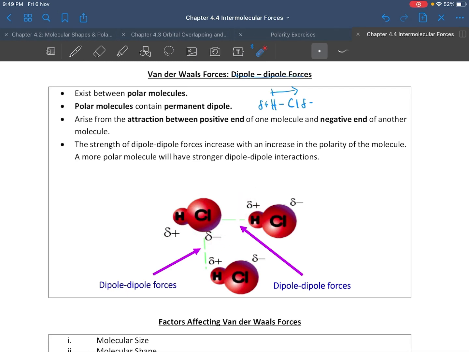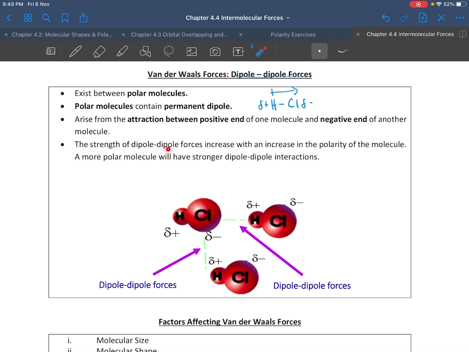H partially positive, Cl partially negative. So, negative and positive here, they will attract each other. So, attraction that occurs here, inilah yang kita panggil dipole-dipole forces. Okay, so ini Cl negative dengan H positive pun ada dipole-dipole forces. So, as you can see, this one is easier sebab dia dah memang ada dipole dia dah. Okay, so we don't have to induce dipole whatsoever, dah tak perlu.